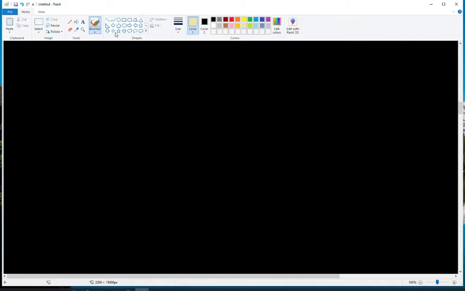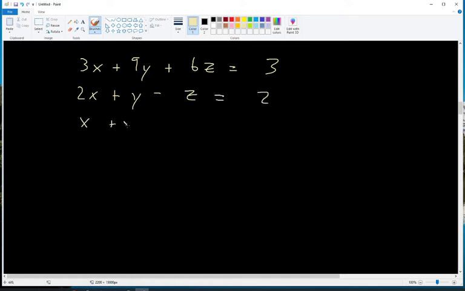So for these 3 systems, suppose we have 3x plus 9y plus 6z equals 3. We have 2x plus y minus z equals 2, and we have x plus y plus z equals 2.